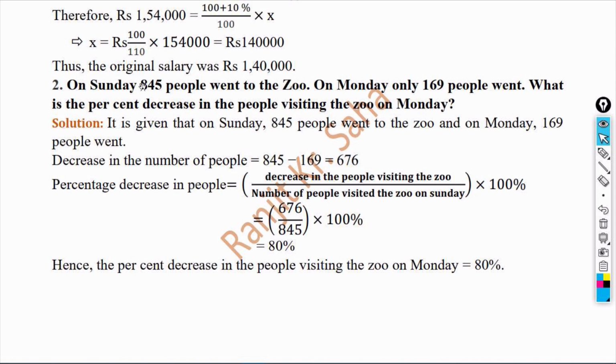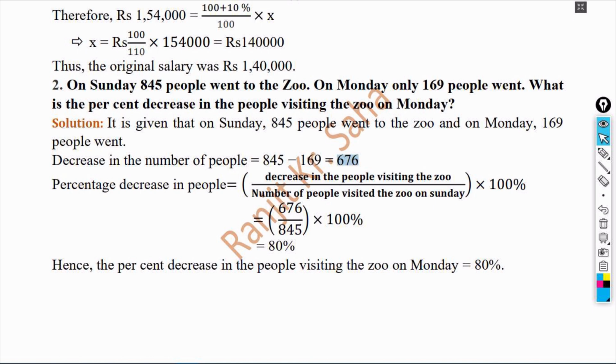On Sunday the number of people who visited was 845, and on Monday only 169. Then the difference of these two numbers, that is 676, is the decrease in the number of people.